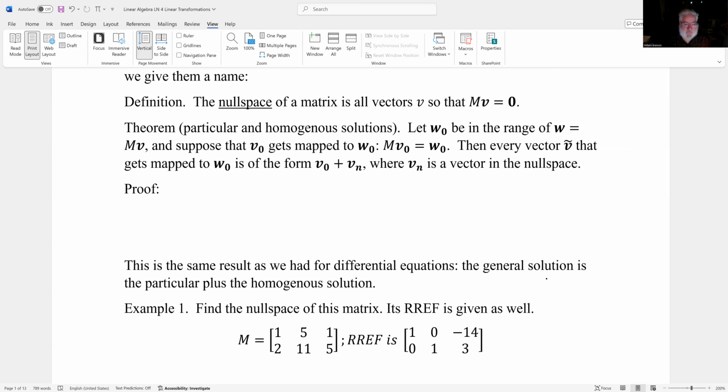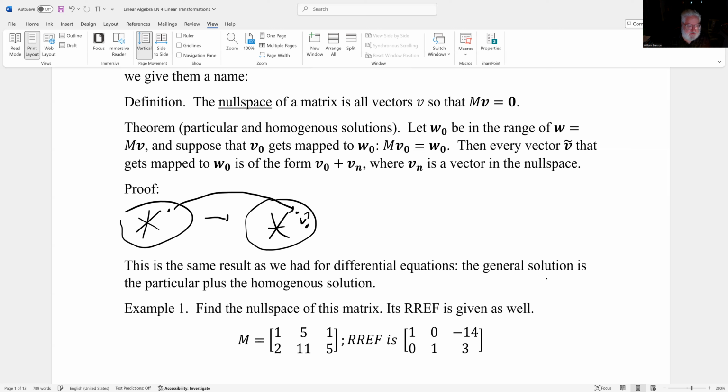So here's our domain. It's some vector space. Here's our codomain, which is also some vector space. And we have some W0. And we know that some V0 gets mapped to it because it's in the range.